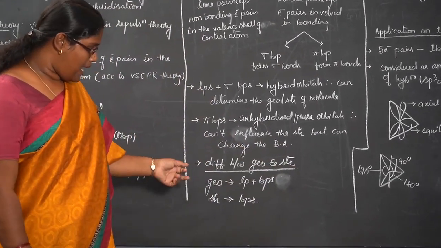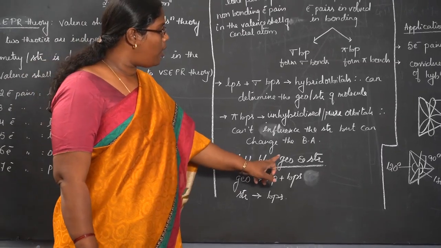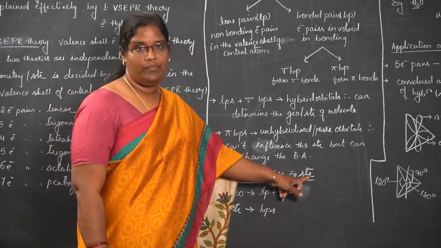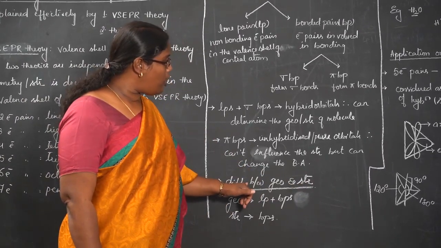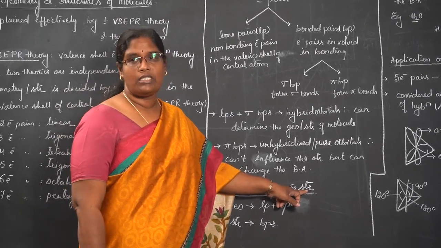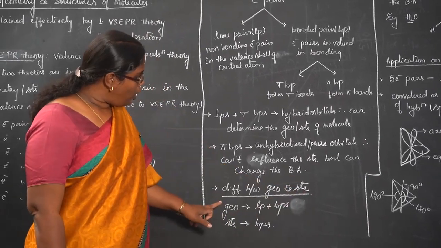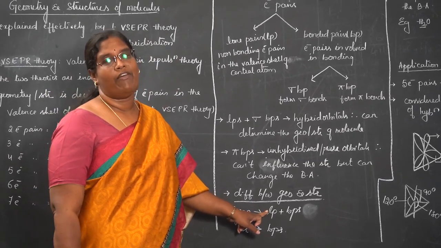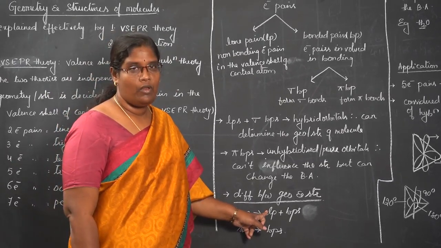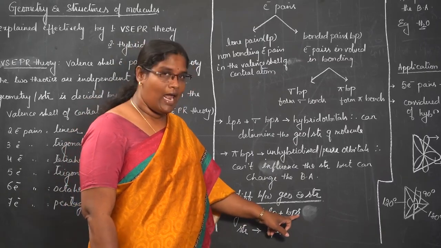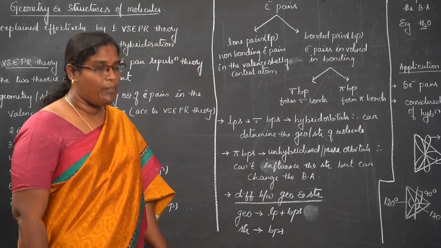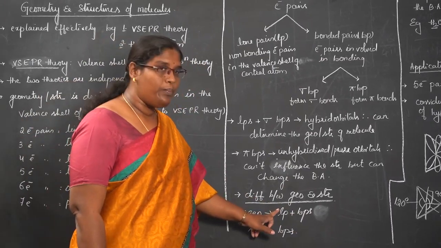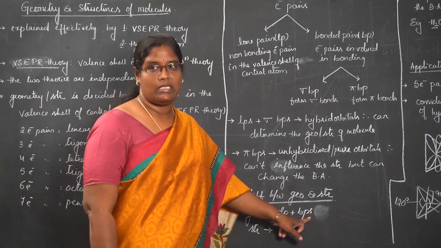Now, what is the exact difference between the words geometry and structure? When should we use the word geometry and when should we use the word structure? Geometry includes all the electron pairs in the valence shell of the central atom, which means it includes the lone pairs and bonded pairs.